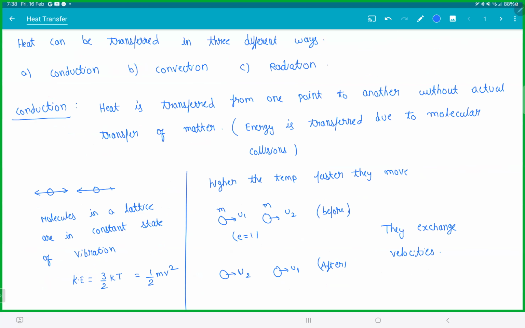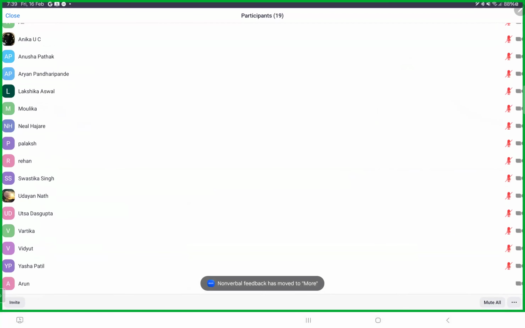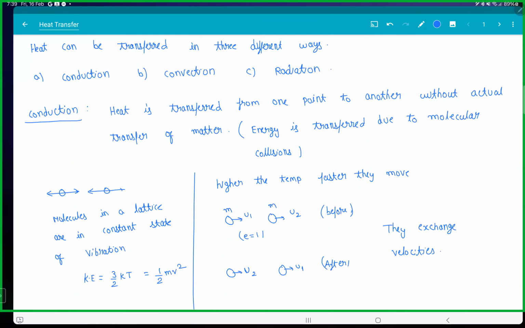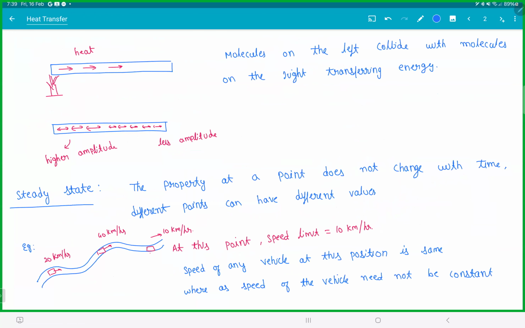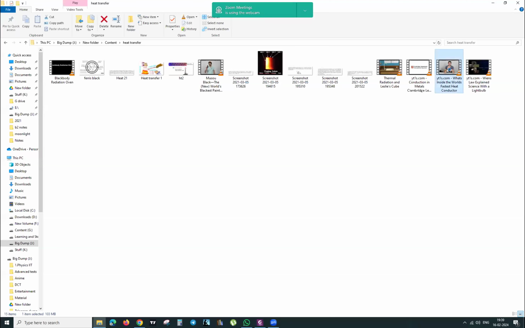Previous page here. Let's see how conduction looks.